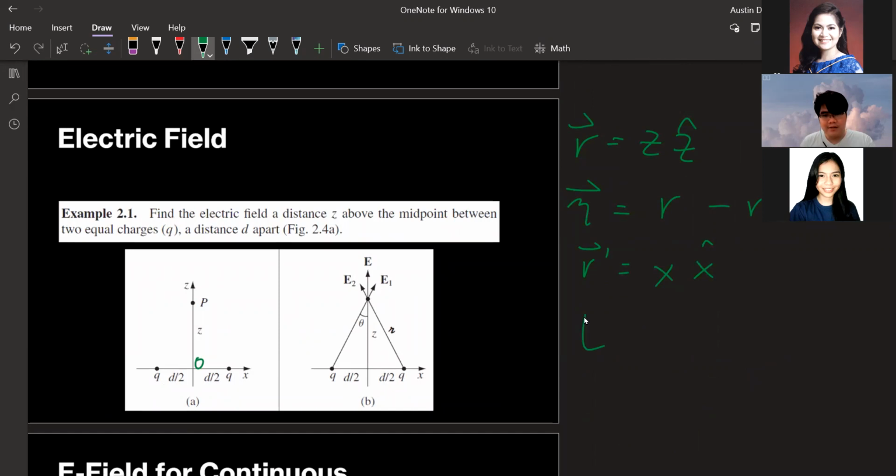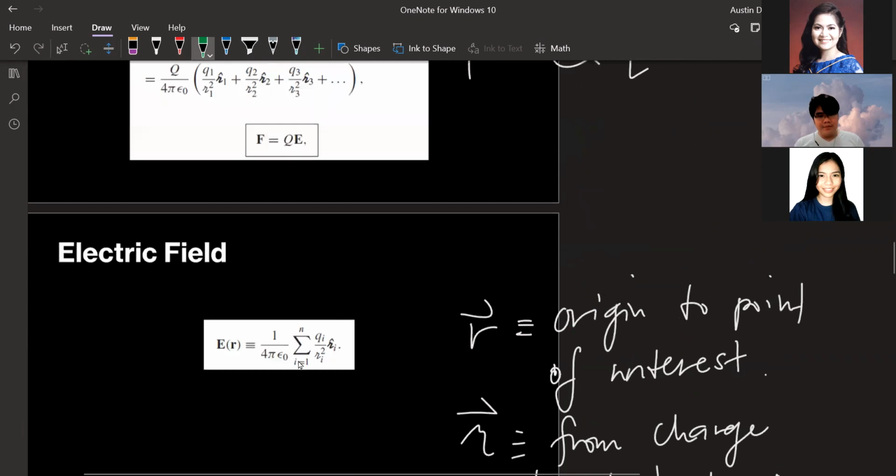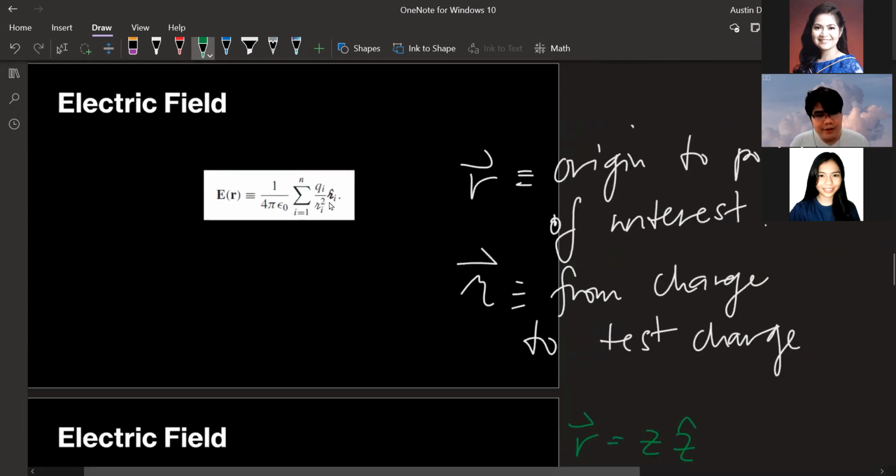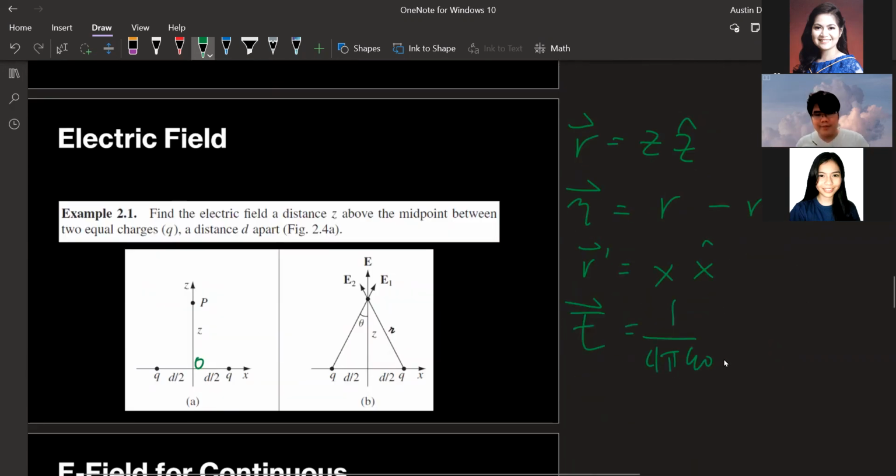So we have E. The vector E will be 1 over 4 pi epsilon naught, and then the sum of the charges or yung things mo. Okay? So sulat lang muna natin.